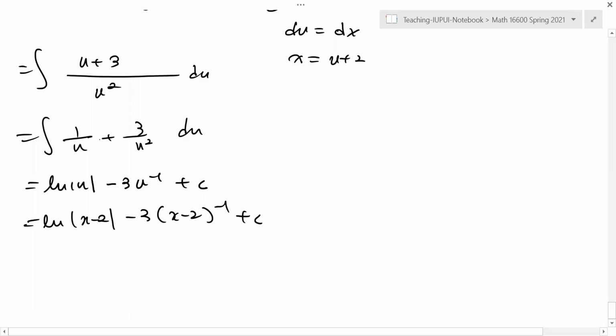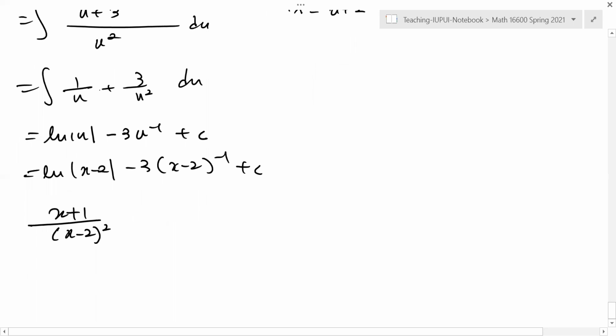Now, what other methods can you use? Go back to my function: x plus 1 over x minus 2 squared. You can decompose it.